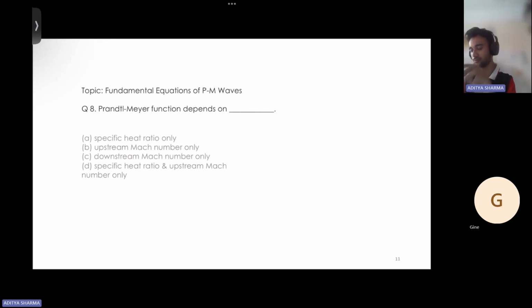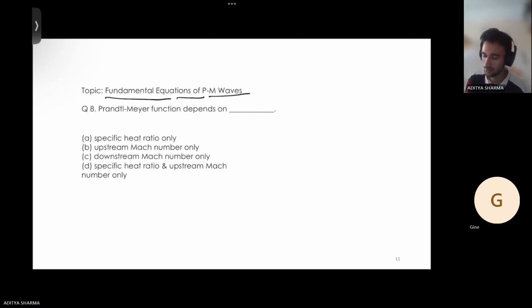Answer this question. The question is from the fundamental equations of Prandtl-Meyer waves, right? This question is on the Prandtl-Meyer function, so if you know the Prandtl-Meyer function, you know the answer.